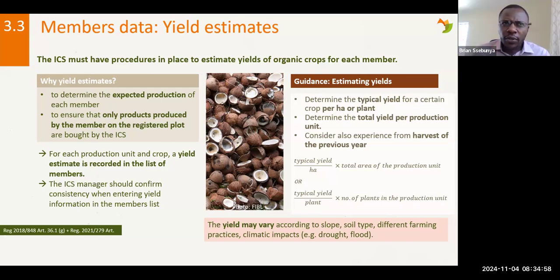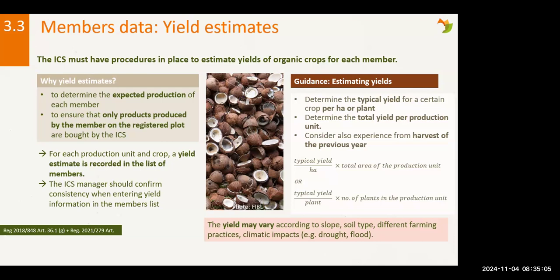Actually, I got your second question, but the first one I missed a little bit. Can you come again on the first one? Yeah, the first question was, a few days back I was interacting with some ICS manager somewhere, and he told me that when they are determining the yield estimates, they base on FAOSTAT values.